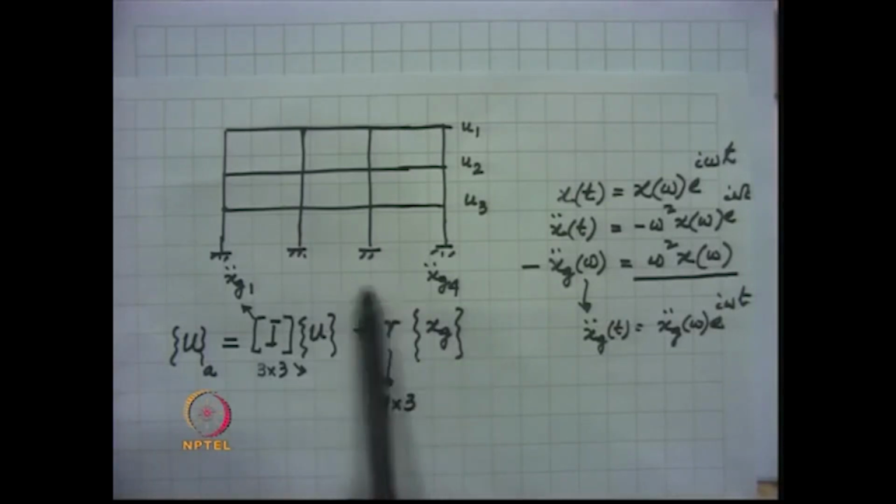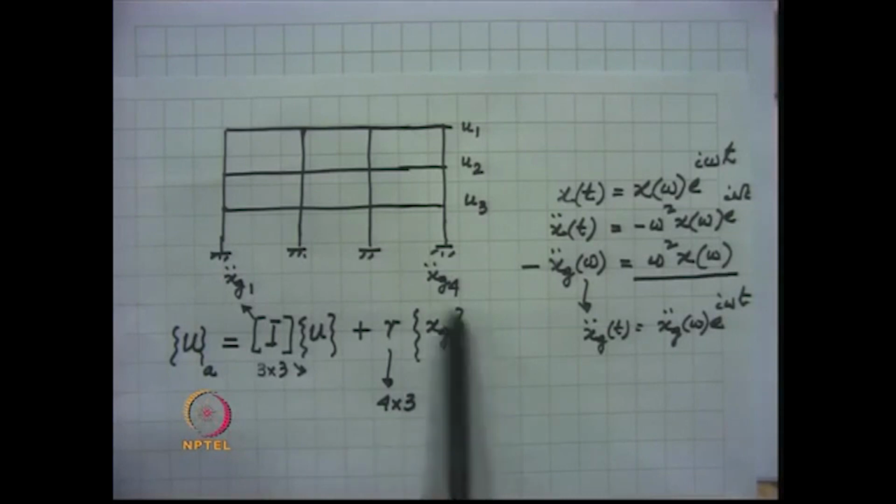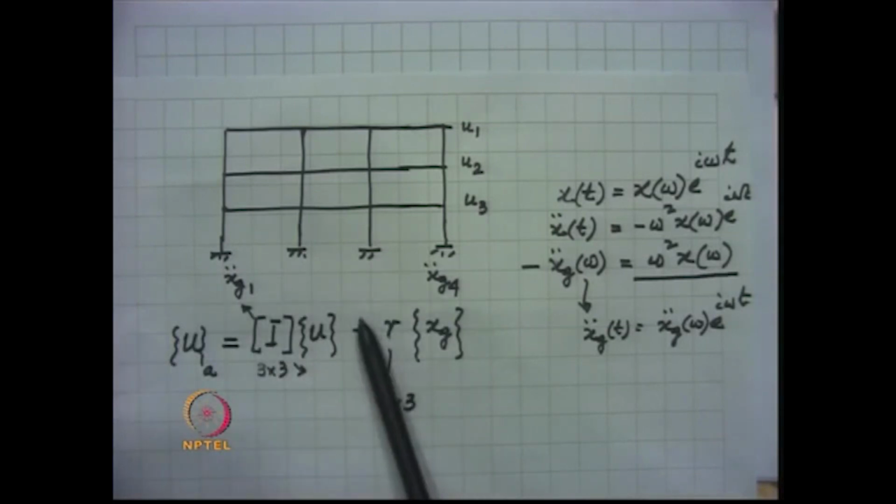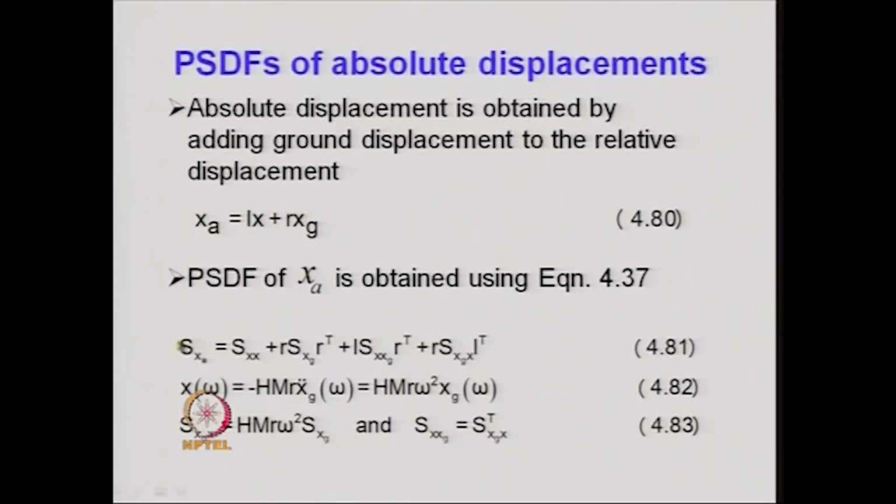Now, once we have this equation, one can write down the power spectral density function matrix of absolute displacement with the help of this equation. This becomes Sxx itself, because this is an identity matrix, and therefore the I and IT of that, if I multiply with Sxx, it remains Sxx itself.